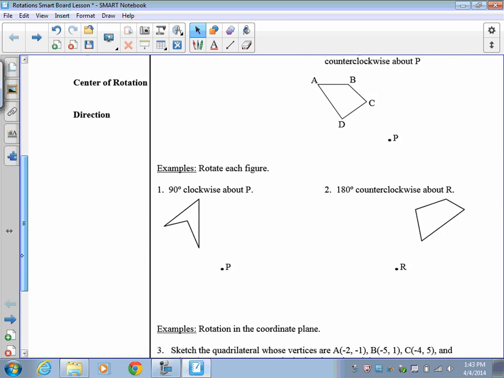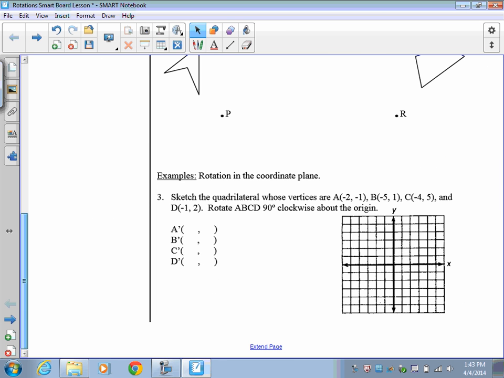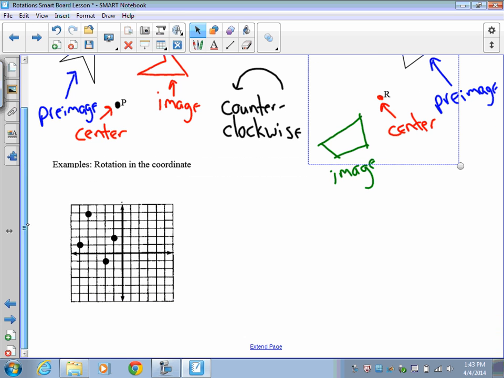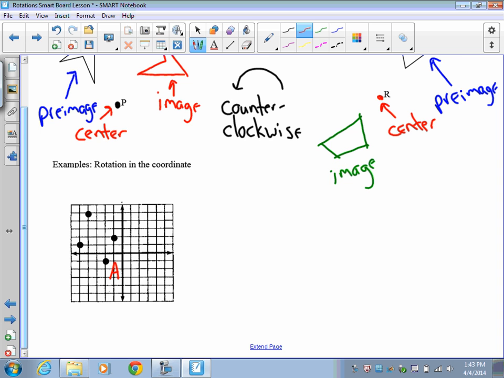We also have examples where we use the coordinate plane. This is probably going to be more important. This is more likely what you're going to see on your test, SOL, and things of that nature. So what I've done on the next page is I've already graphed the points that you need to plot. So what I have is A, B, C, and D. So I'm going to rotate this now.